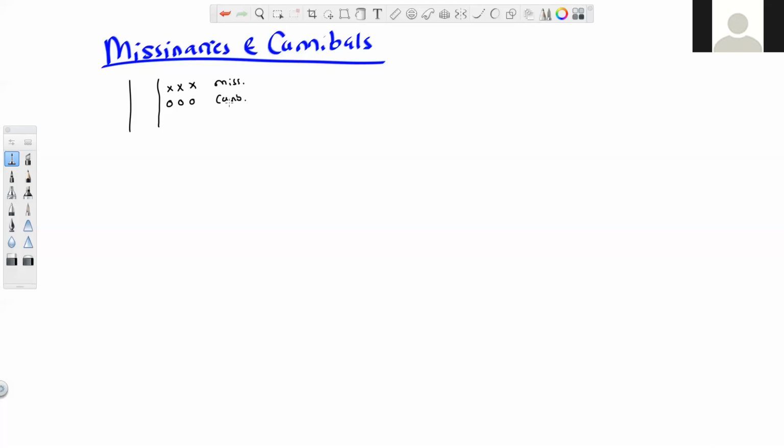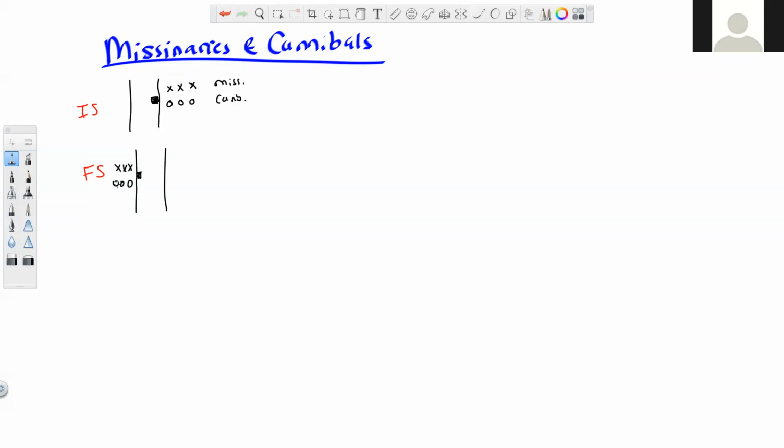And I have a boat here. The goal is to move all 6 to the other side. So you can think of this as the initial state, and the final state is this: I want all of them here, and the boat here as well.